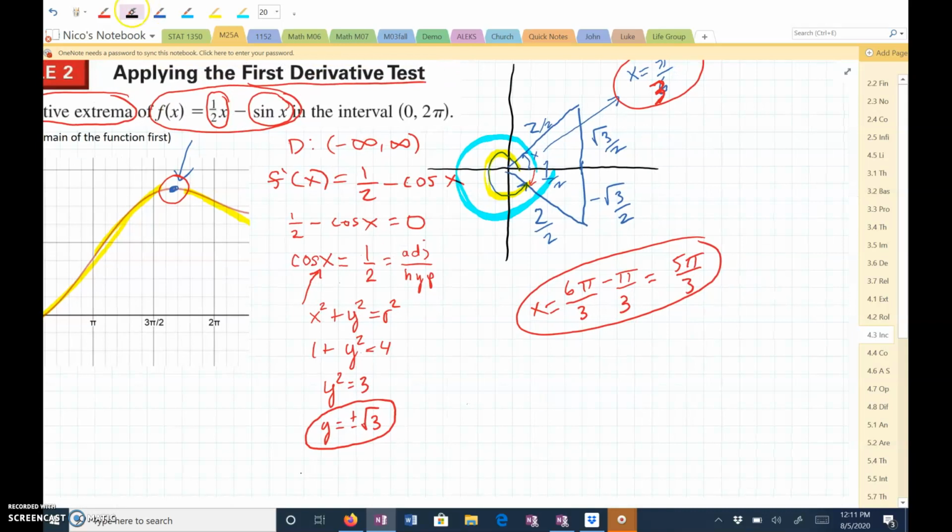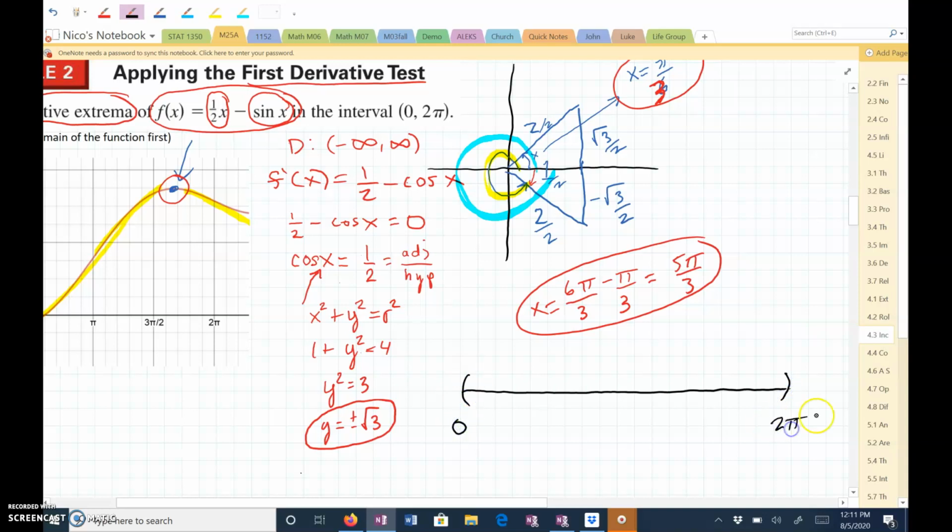So we know that on the open interval here that we're looking at, it's from 0 to 2 pi. We know that we have one of the critical values at pi thirds.